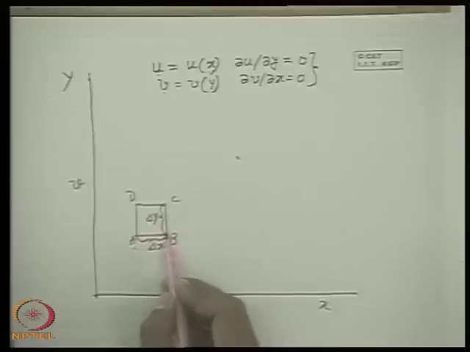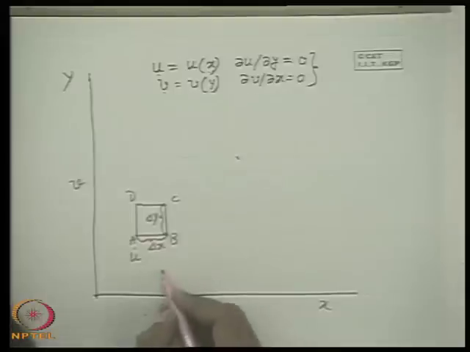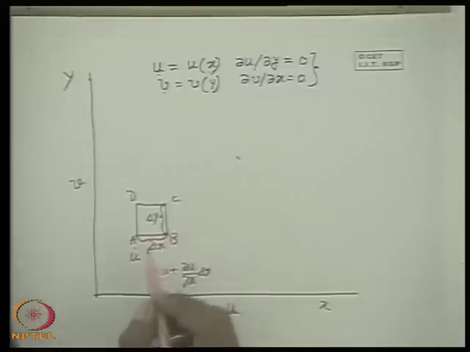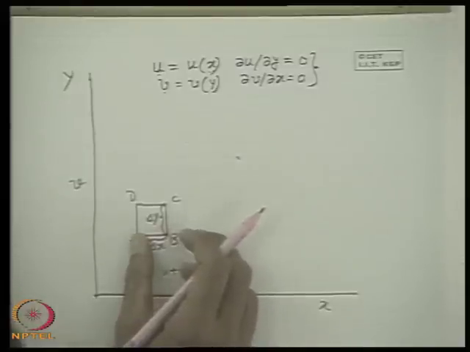This is because the B point has a velocity more than u. For example, if the A point has a velocity u, at the point B the velocity will be u plus del u del x into delta x. So B has a higher velocity.